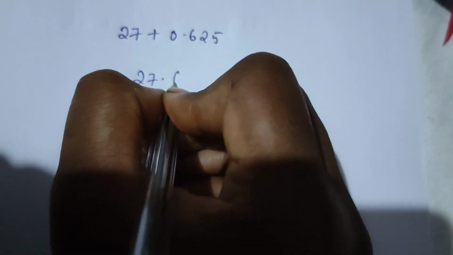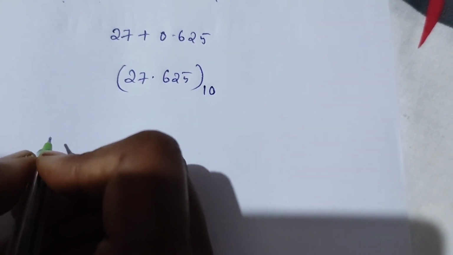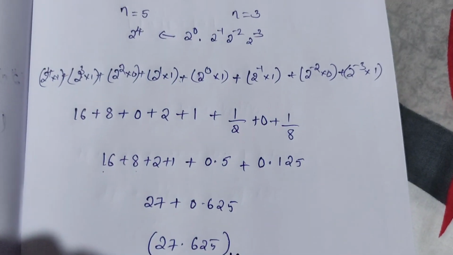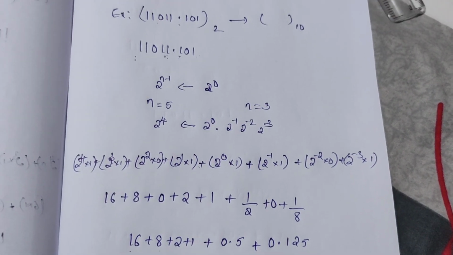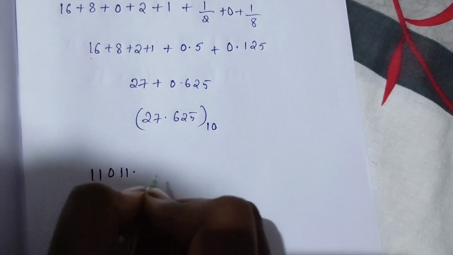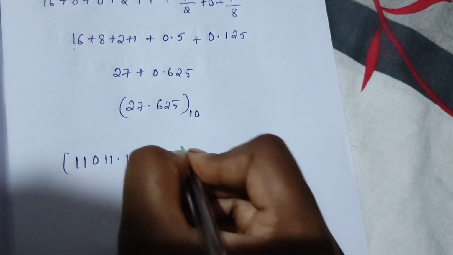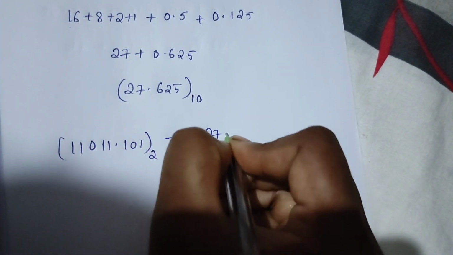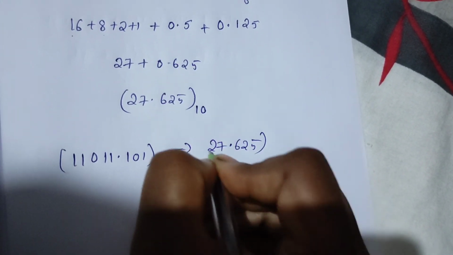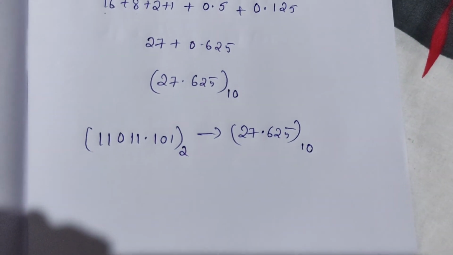So this is the decimal equivalent of the fractional binary value 11011.101. This is the decimal equivalent representation. Hope you understood.